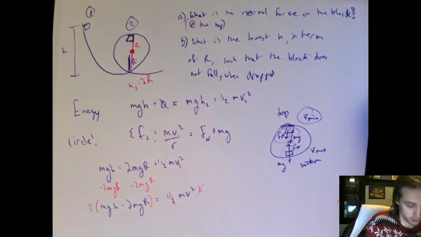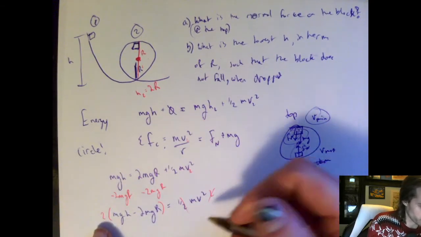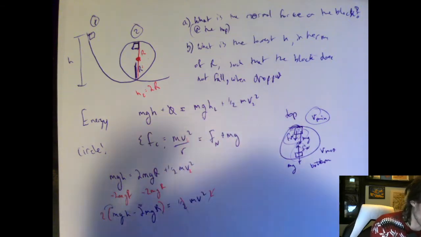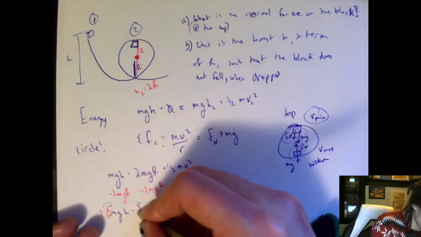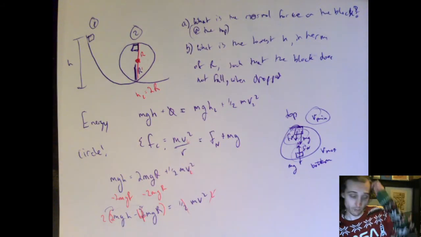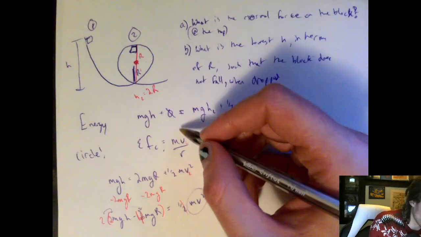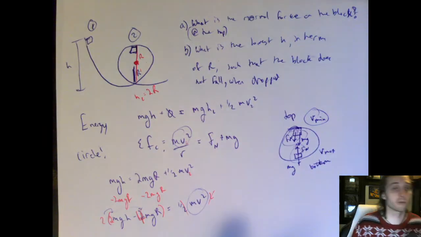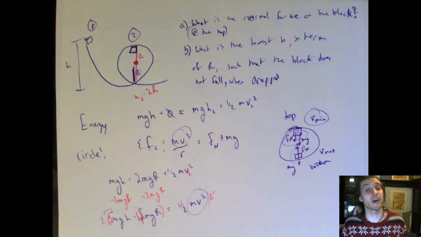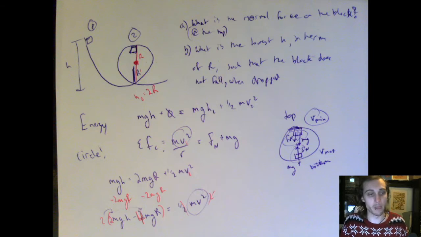You could cancel out the mass and you would totally get the right answer and it wouldn't be a problem. And so we've got our 2. I am going to distribute the 2. So this becomes a 2mgh, and this becomes a 4mgr. So from there, what's neat about this is that mv squared here and mv squared here are now a substitution we can make. You could divide each side by the m to get rid of it, but it would come right back in and you'd have to redistribute as soon as you put in that mv squared right there.